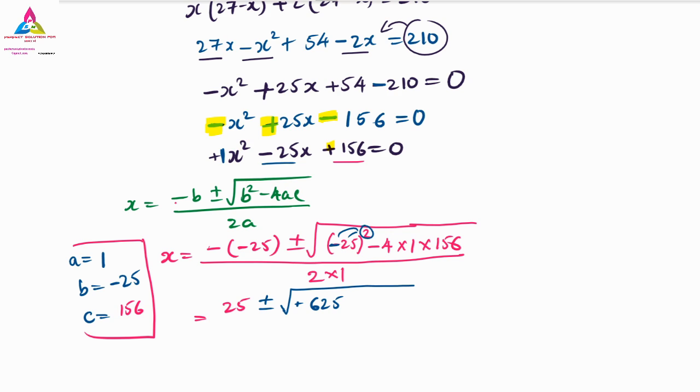Minus 4 ones are 4, 4 into 156 is 150 plus 150 plus 150 plus 150, that is 600, and the rest, 624. Yes, it is 624. Whole divided by 2 ones are 2.